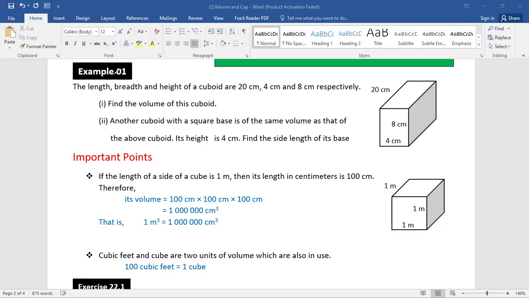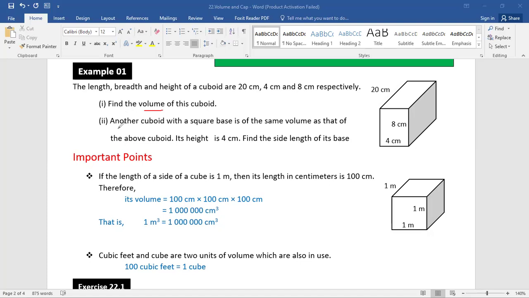Example number 1: the length, breadth, and height of a cuboid are 20 centimeters, 4 centimeters, and 8 centimeters respectively. Find the volume of this cuboid. The second question is something different. You have to use your mind and think how to do it.